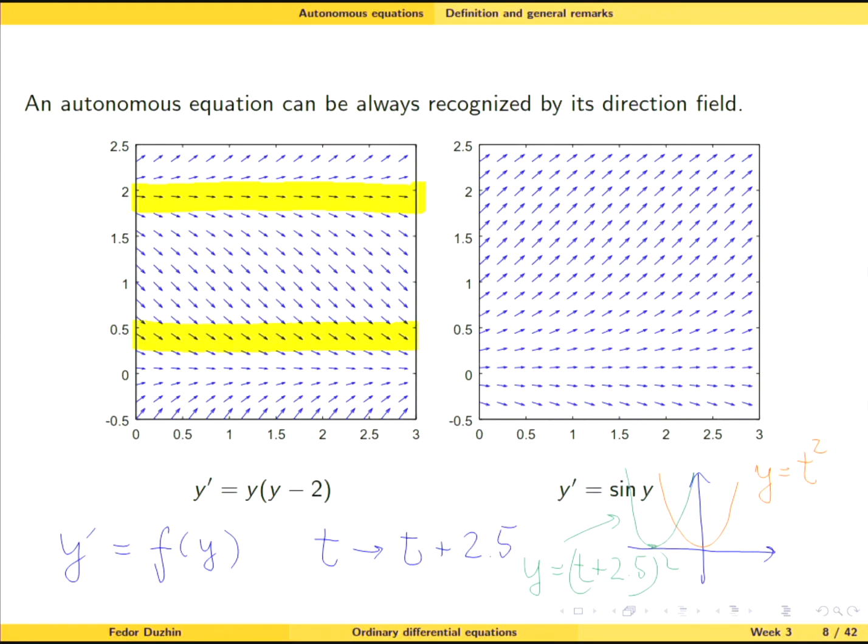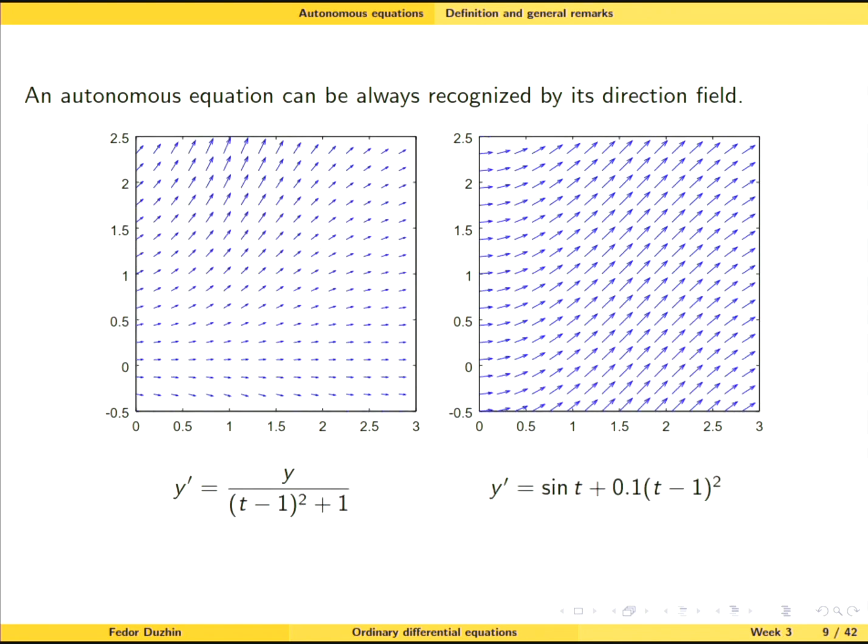If you trace vectors along any horizontal line, they are all exactly the same. If this property holds, then the corresponding differential equation is autonomous. If this property does not hold, then the differential equation is not autonomous.